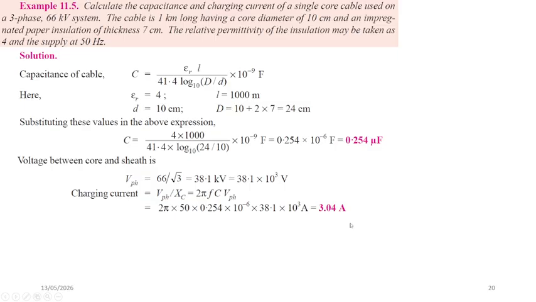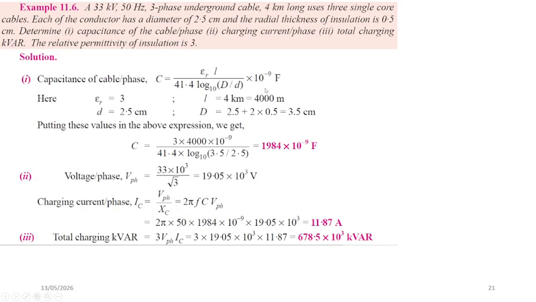This example highlights the importance of cable capacitance in high voltage transmission systems and its effect on charging current. So these three examples are the introduction to the main questions. I will let you know.